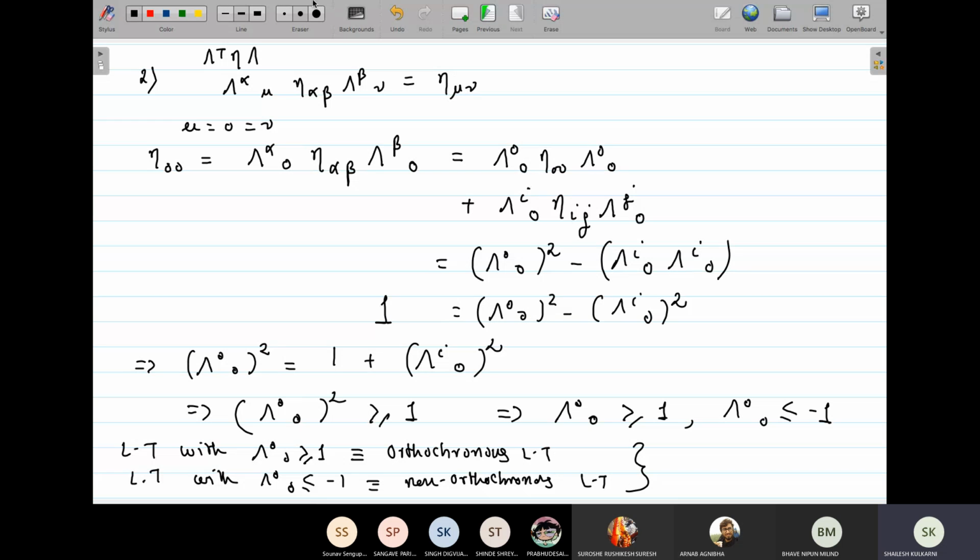So we have 4 classifications of Lorentz transformation lambda. You have proper, improper, orthochronous, non-orthochronous.